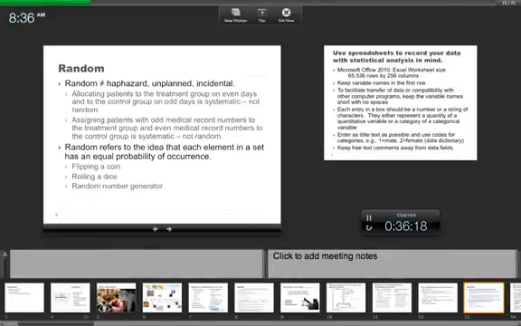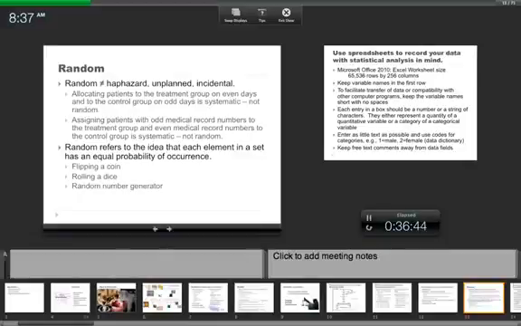Okay? So random refers to the idea that each element in a set has an equal probability of occurrence, like flipping a coin, provided that coin is a true coin and not a fake coin with heads on both sides. Or rolling a dice, and that dice is not loaded with lead or mercury.